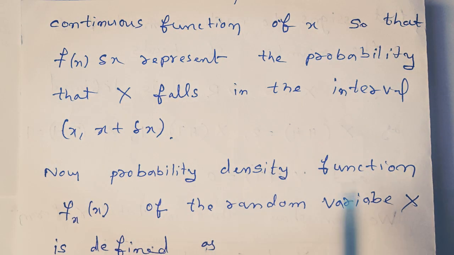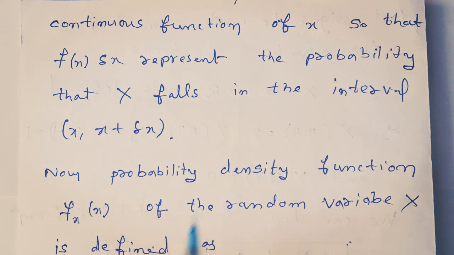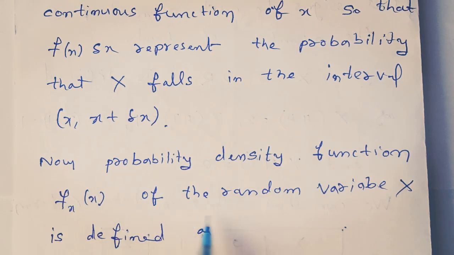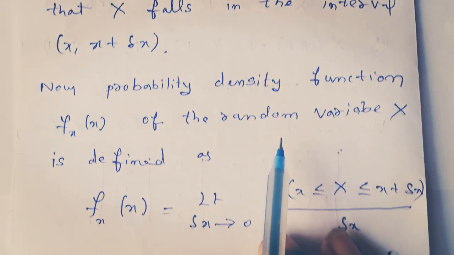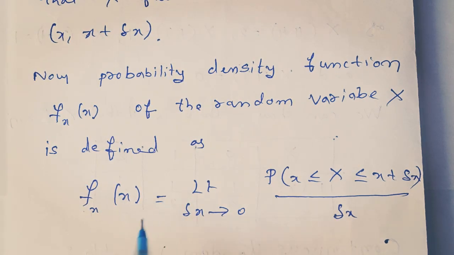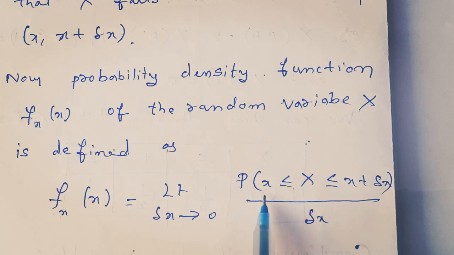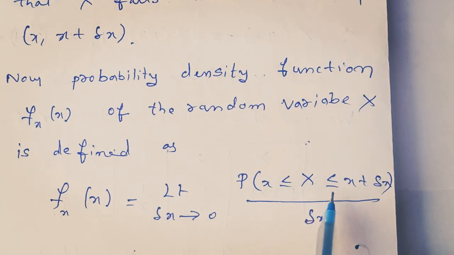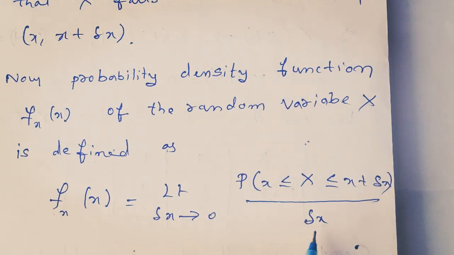Now the probability density function f_X of x, that is the probability at x of the random variable capital X, is defined as f_X of x equals the limit as delta x tends to 0 of the probability that x is less than or equal to capital X is less than or equal to x plus delta x.